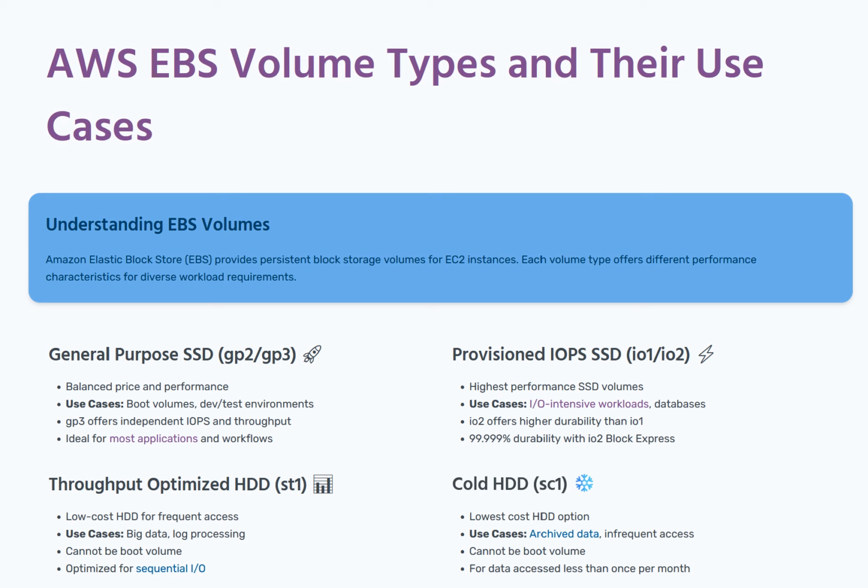As we discussed in my previous video, this is a block type storage, which is similar to a hard disk in our computers, right? Each volume type offers different performance characteristics for diverse workload requirements.